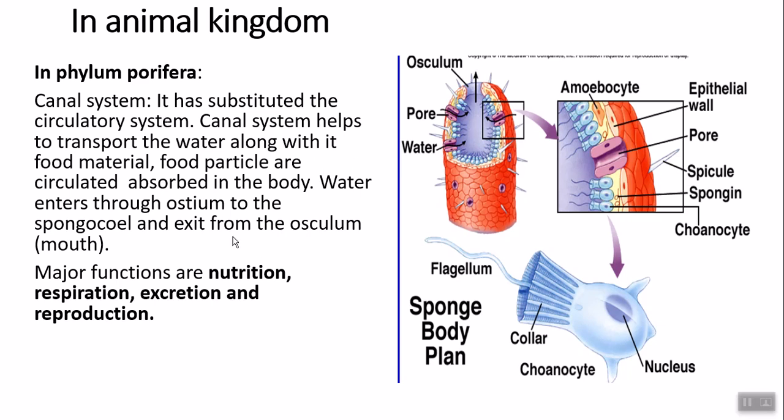It distributes the food across all parts of the body and also helps to excrete the waste. So although there is no circulatory system, the food particles or any waste that is produced within the body are transported and excreted out by the canal system. Therefore, the canal system is exactly the substitute for this animal in the phylum Porifera.